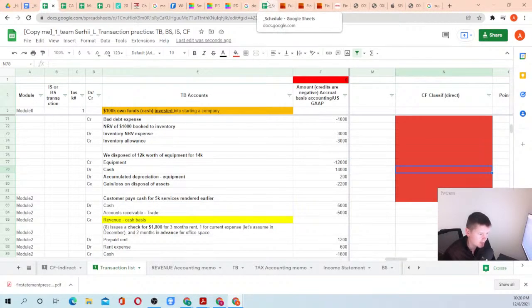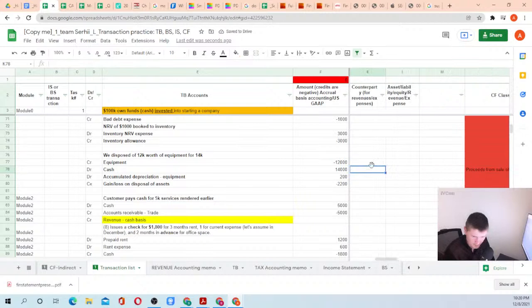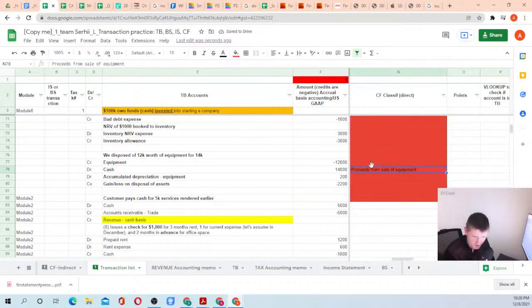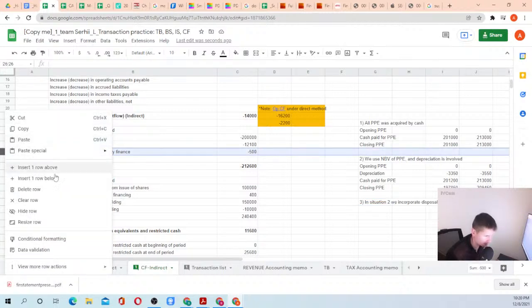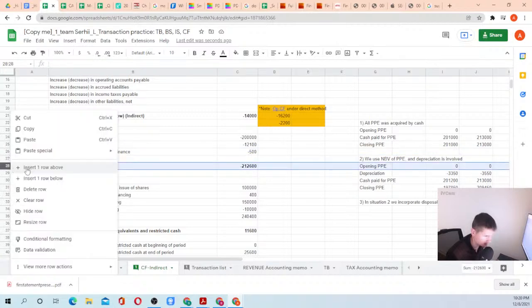Okay, let's call it proceeds from sale of equipment. Okay, so we mapped it to the period, we mapped it to direct cash flow, cash flow direct investing. So that's an investing activity. Let's add it here.